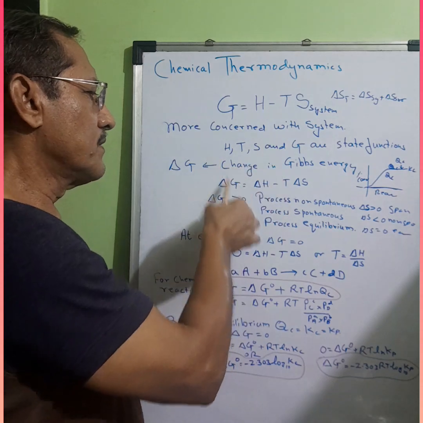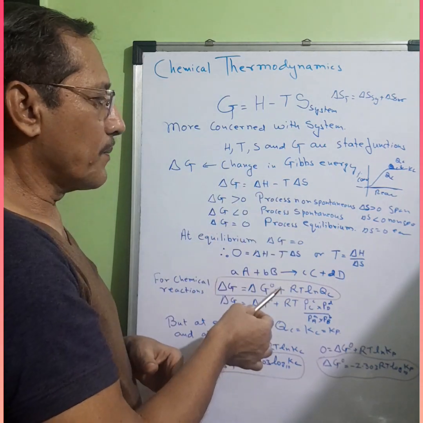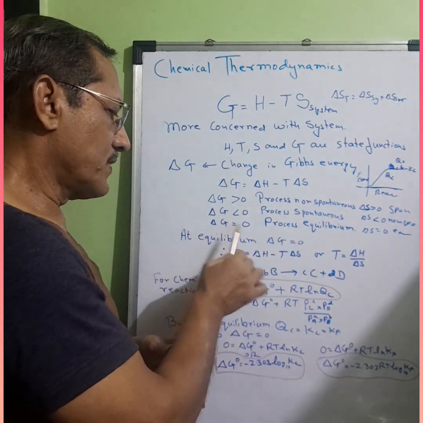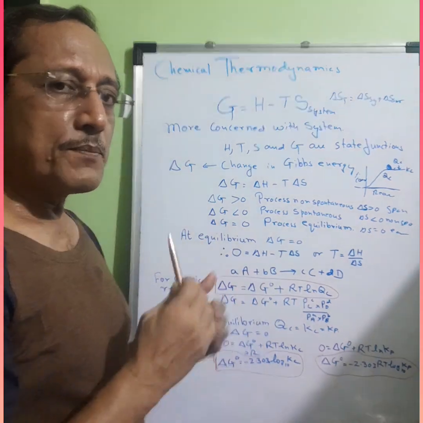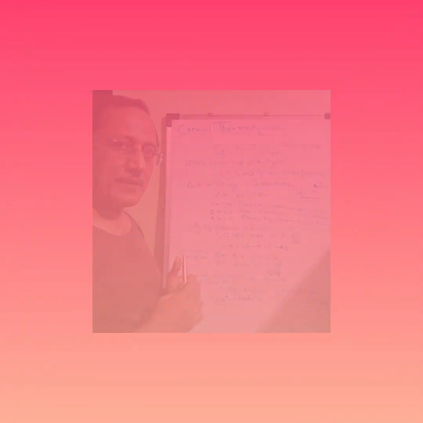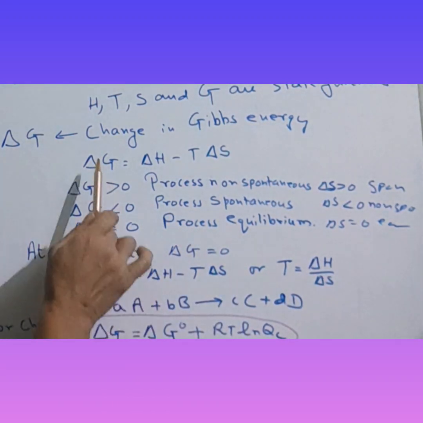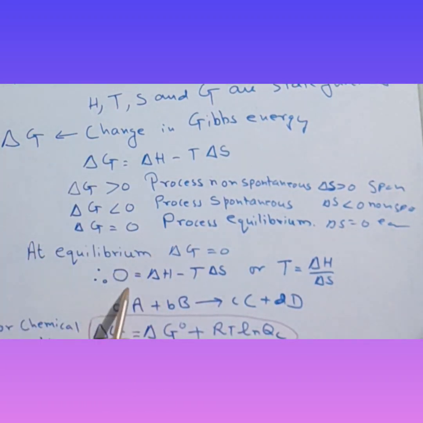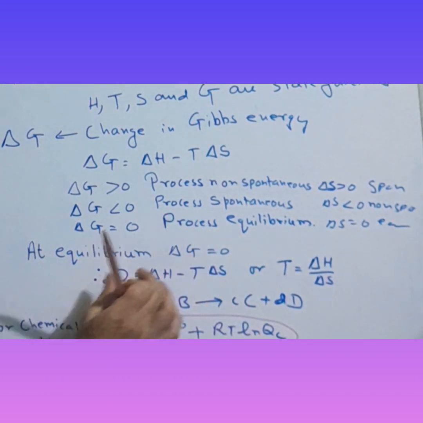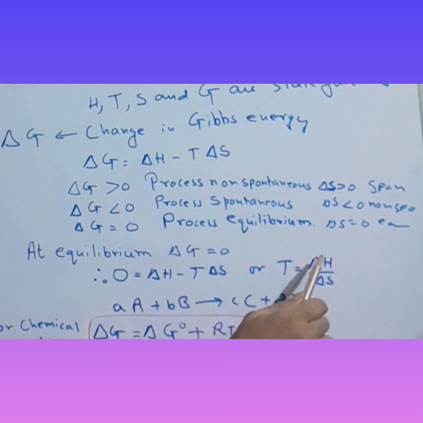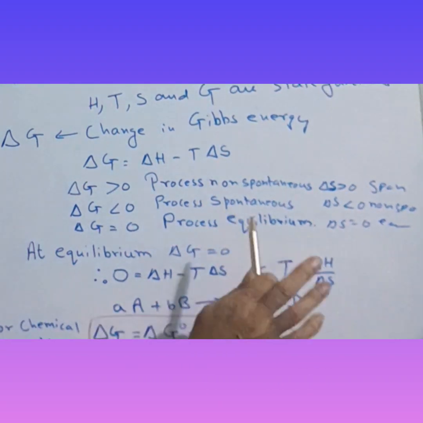How does the formula get a new format when del G is equal to 0, or when the process is in equilibrium? At equilibrium del G is equal to 0, so del H minus T del S is 0. If I take this side and this remains here, T is equal to del H upon del S. This is yet another formula which you have got to keep in mind.